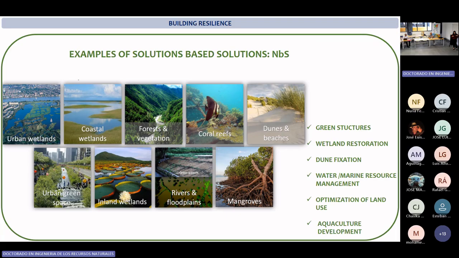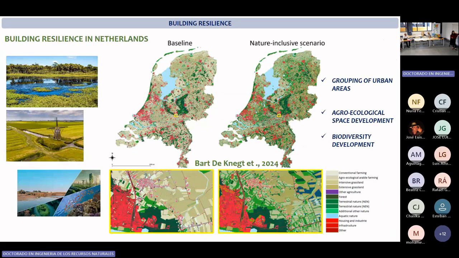Green solutions like restorations, aquacultures, optimization of the land use, like we cannot concentrate all the land use in one part. We have to distribute all our urban constructions and land use to balance the density of such use around the coast. It's very important.